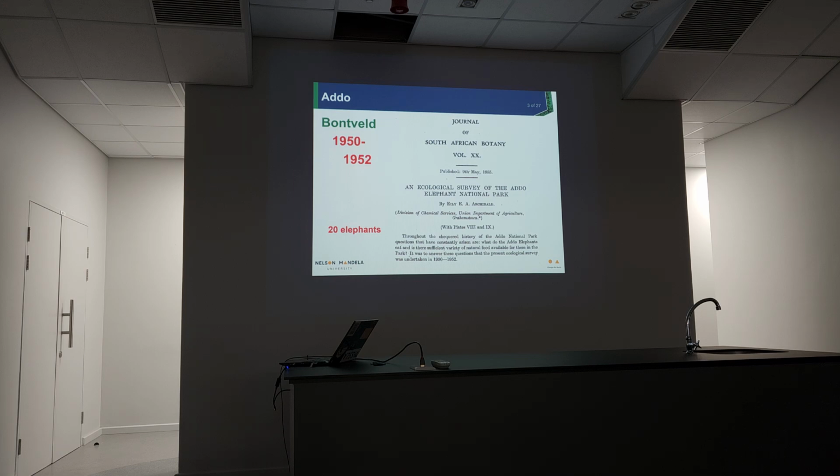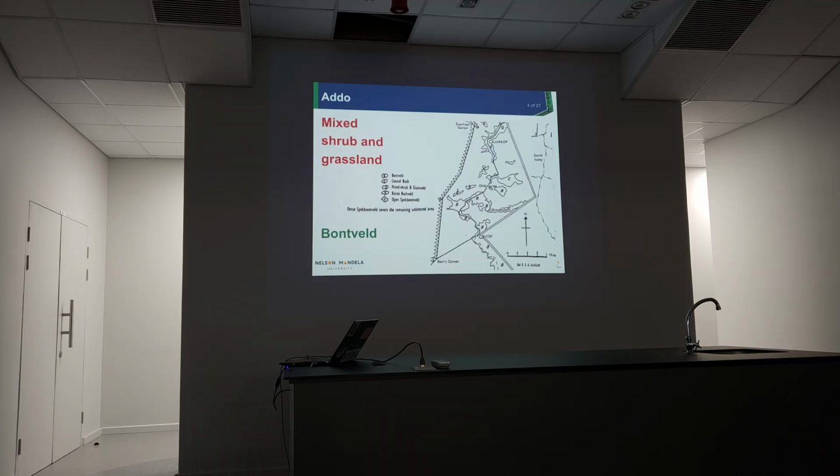She described a thing called Bontveld in the Addo Elephant National Park. You will notice this date is 55. This is her map out of the same paper. And she described Bontveld, for those of you who know Addo, this is Sierkop up here.